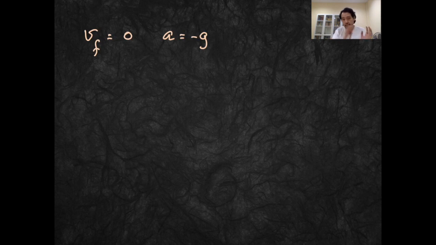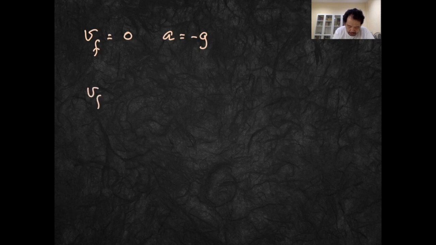We have to separate two parts: the initial mechanism, and after that the frog moves freely under gravity. So we have vf equal to 0 and a equal to minus g.